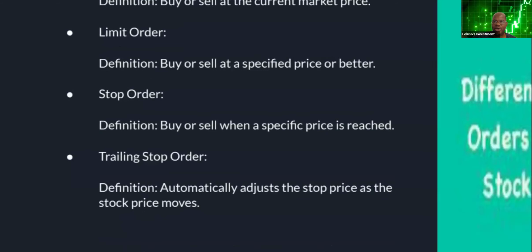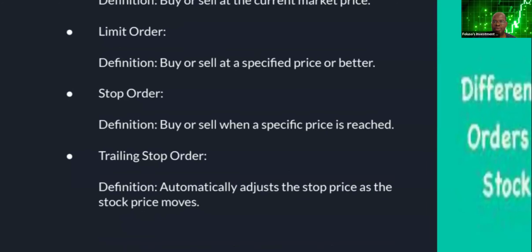Then there is a stop order. A stop order is for when you already own the stock and you're willing to sell. You tell them when this stock gets to $70, sell me out.